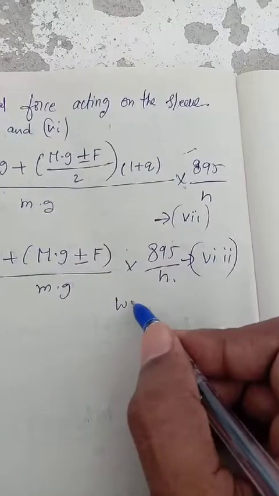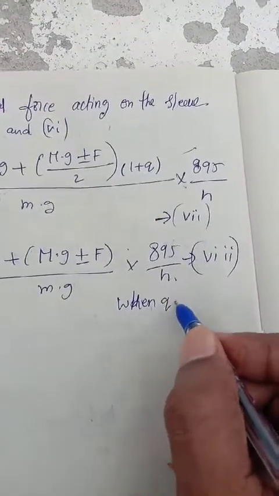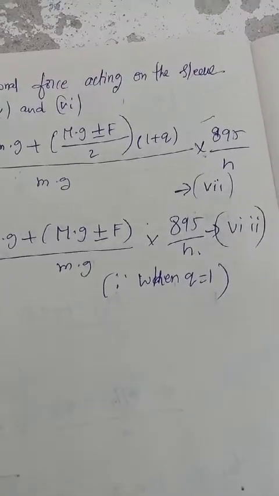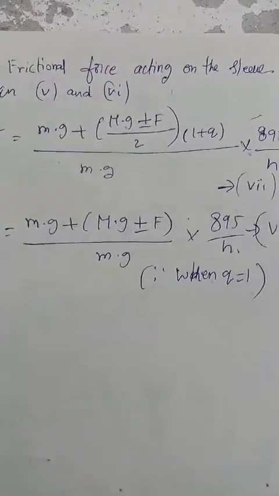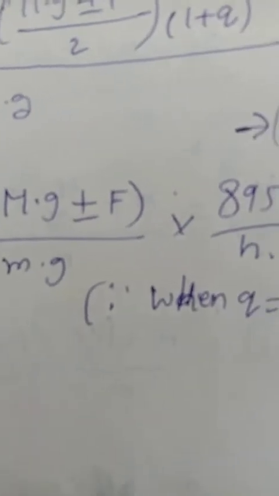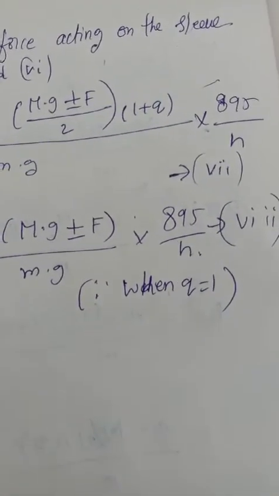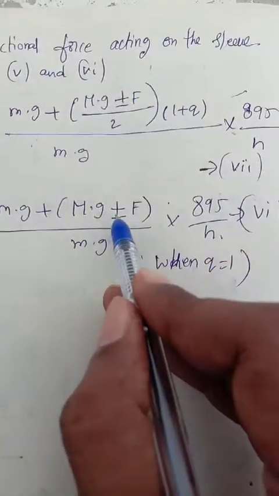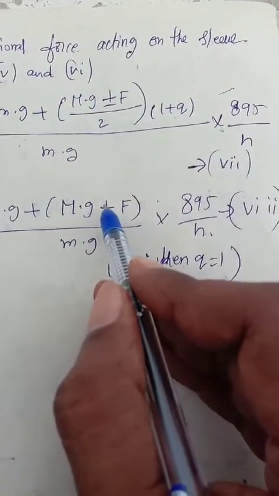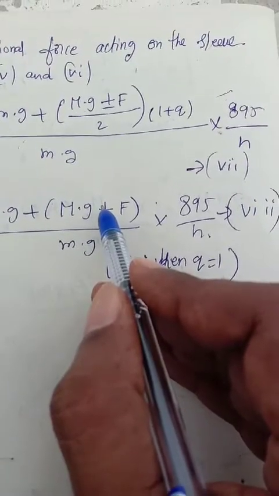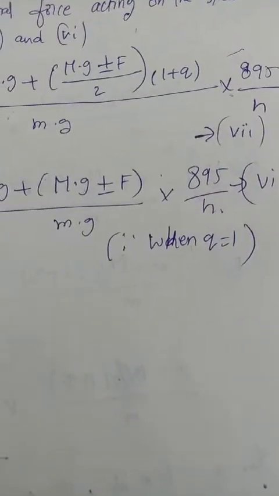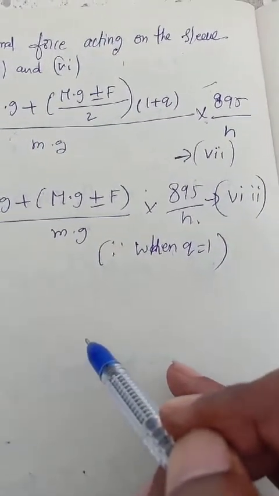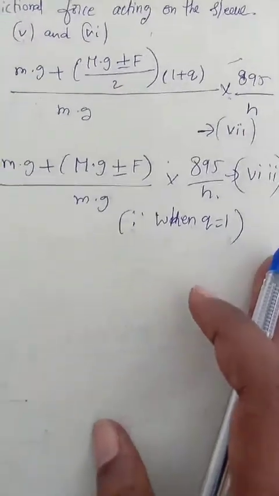So that means here, when q is equal to 1, the plus sign is used when the sleeve moves upward, the governor speed increases, and the negative sign is used when the sleeve moves downwards, the governor speed decreases.